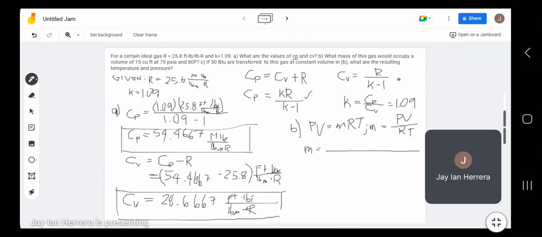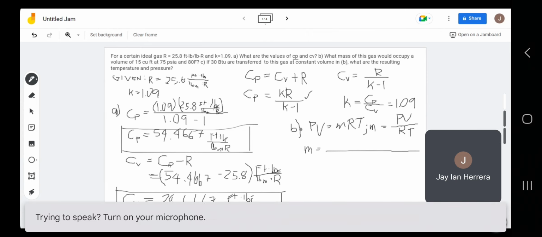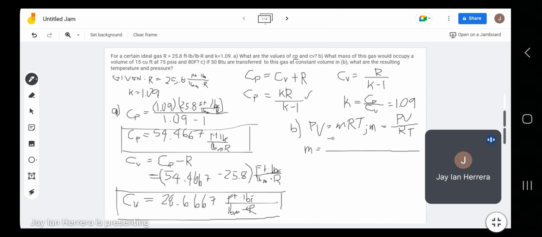Therefore, mass would be equivalent to 75 psia or pound force per square inch, multiplied by, so convert na natin para maging feet squared si inches, so 12 inches over 1 feet squared, multiplied by V, volume.